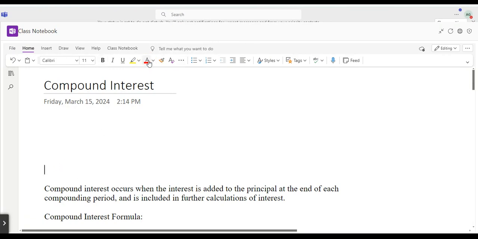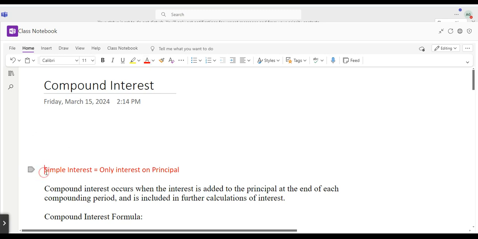Simple interest fundamentally is only interest on principal. So when you borrow money, you only pay interest on whatever the principal is worth.